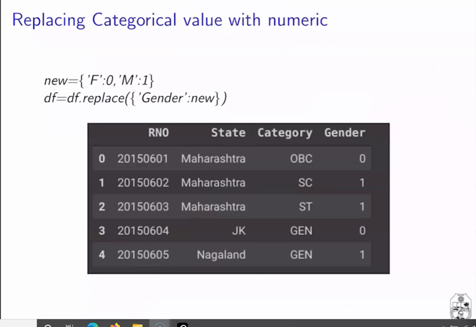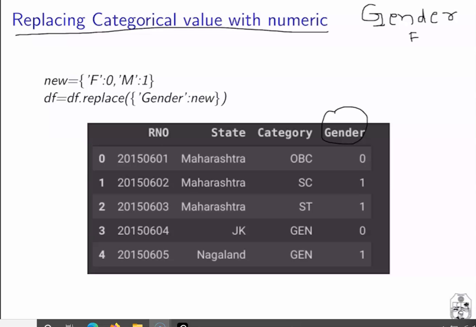In this slide, I will be explaining how to replace the categorical value with the numeric value. It is the simplest method. I am going to explain it with the categorical variable gender. In our running example, gender is one of the feature variables and takes the values male and female. Here we would like to replace female with 0 and male with 1.